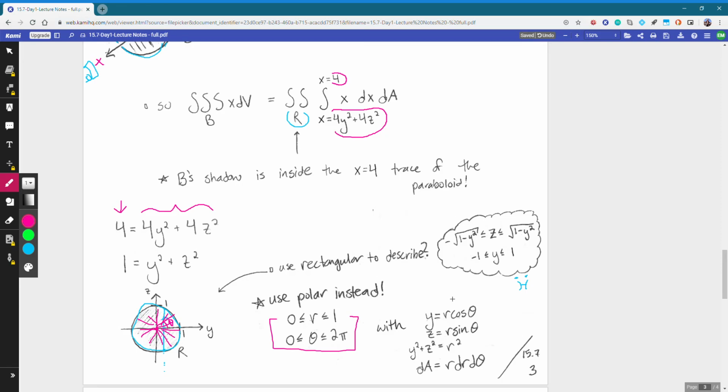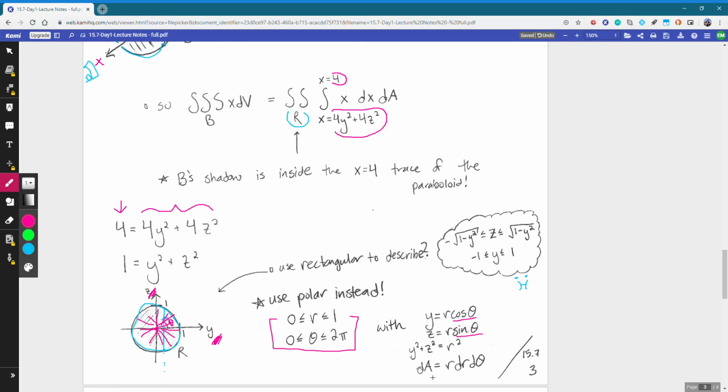Here on the right, I've recorded our translation equations for using polar. Notice in the YZ plane, Y is our horizontal axis, so Y becomes r cosine theta, since it's the horizontal. And Z is the vertical axis, so that becomes r sine theta. And we have our Pythagorean identity: Y squared plus Z squared equals r squared.